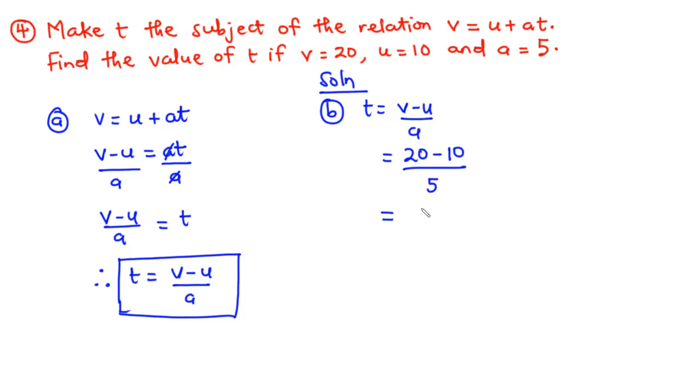So here we are going to have 20 minus 10, and that is 10. So we have 10 divided by 5, and then 5 goes into itself once, into 10 two times. So we have 2 over 1, and that is equal to 2. Therefore the value of t is equal to 2.